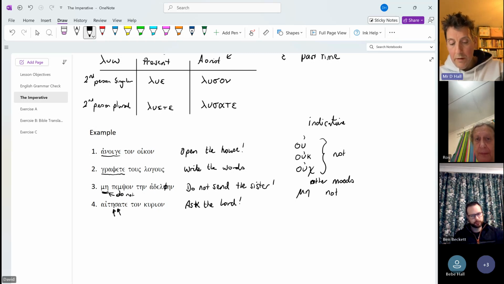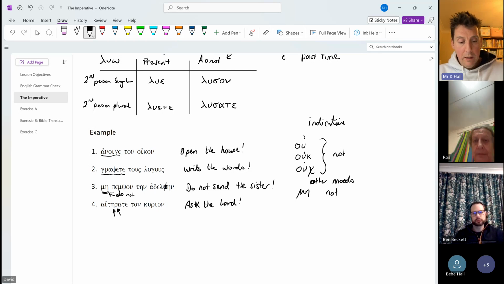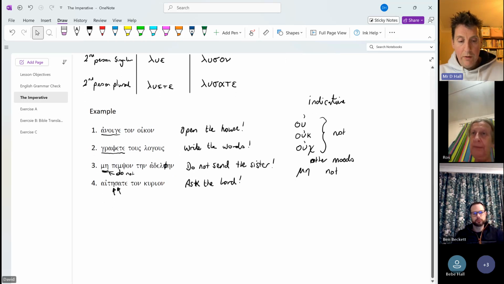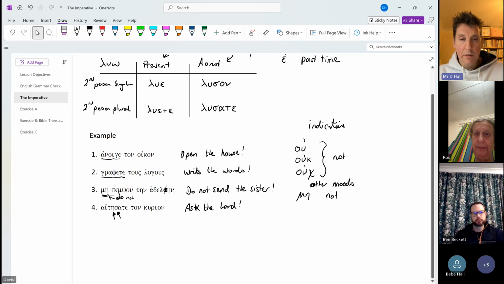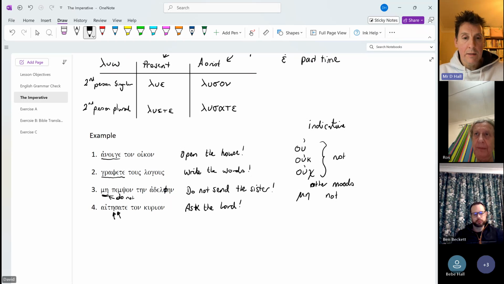Right. If you want, you can turn them into commands. So it leaves me just with one little bit to say, which is quite a little bit. It's quite a bit of information here, really, which is what happens with the present imperative with the epsilon omega verbs. And that is exactly the same as you have seen when we looked at the indicative.